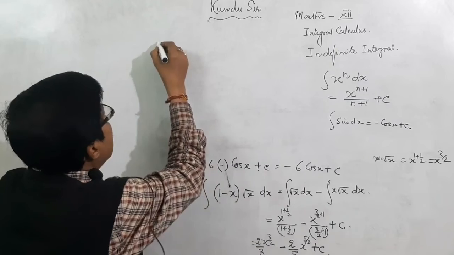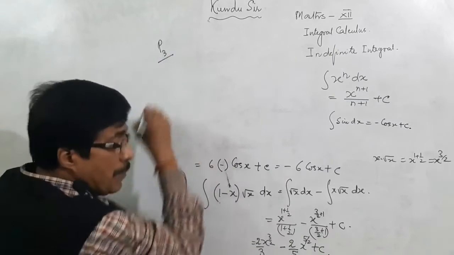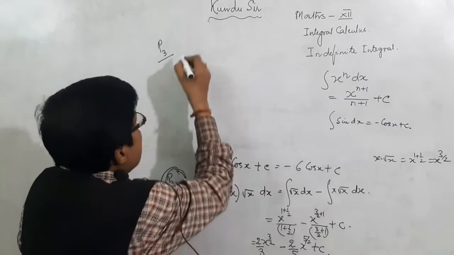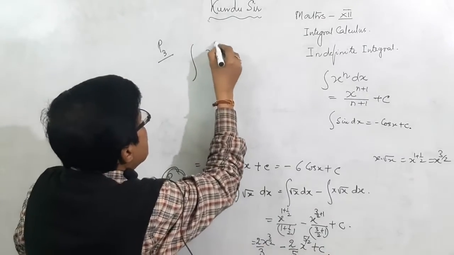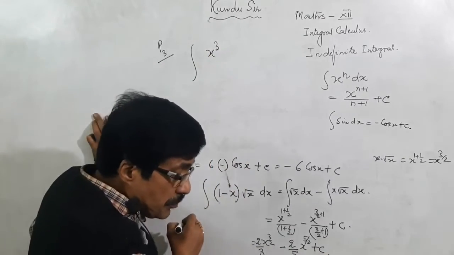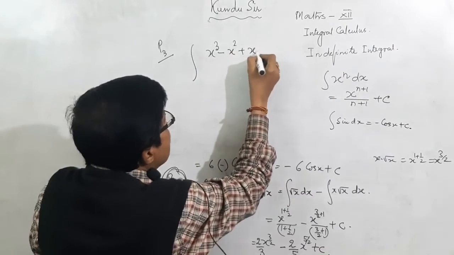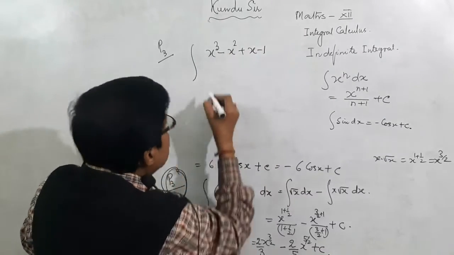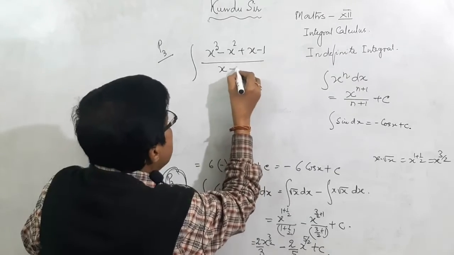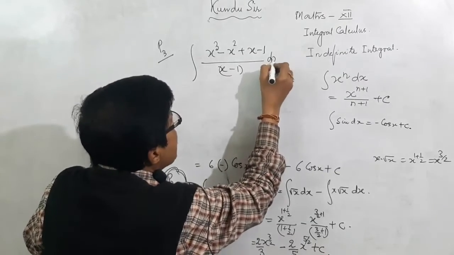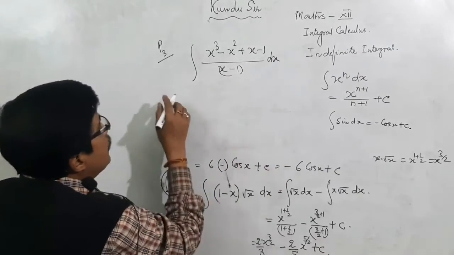Now the next problem is the integral of x to the power 3 minus x square plus x minus 1 upon x minus 1 dx.